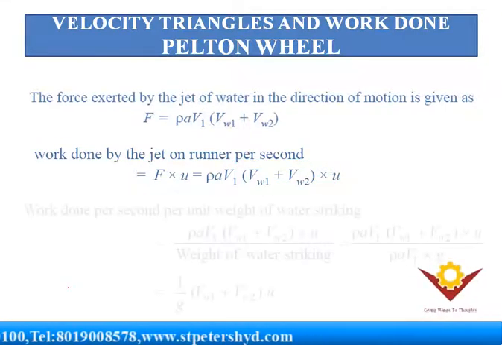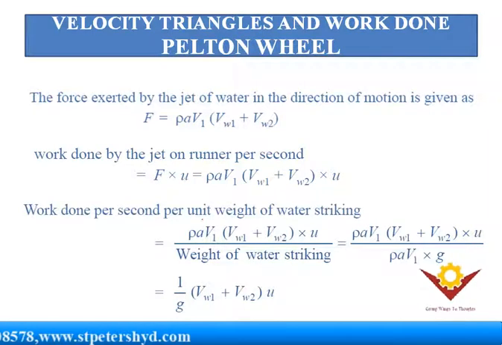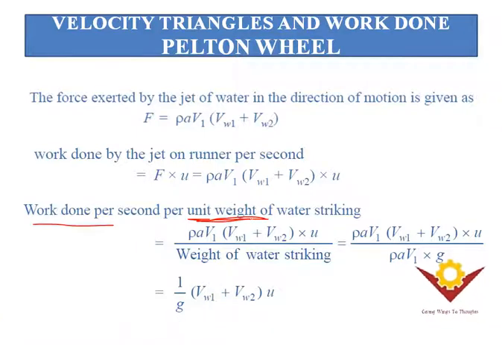And the next one, work done per second per unit weight. Here the work done per unit weight of water striking. So this is your work done, and this is per weight of water striking, and this is the work done per second formula, and this is the weight, which is mass into gravity.